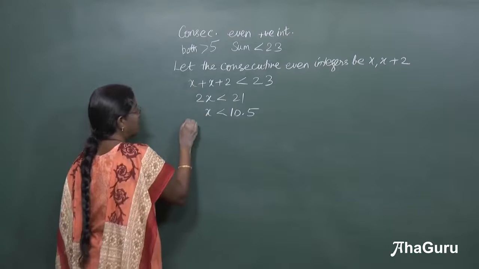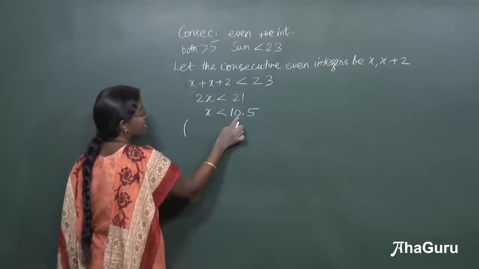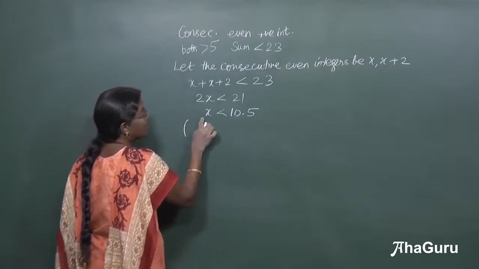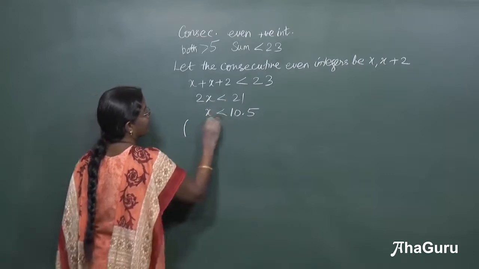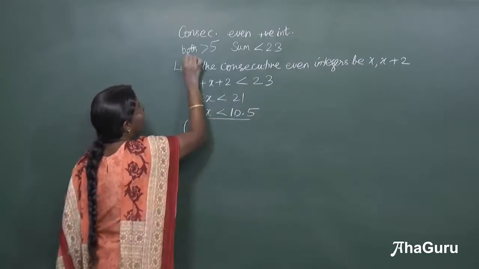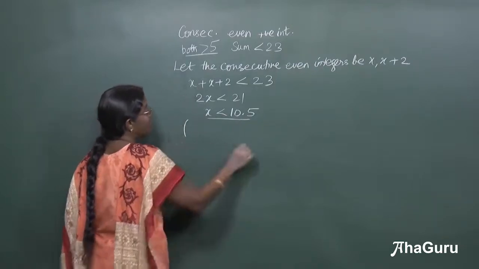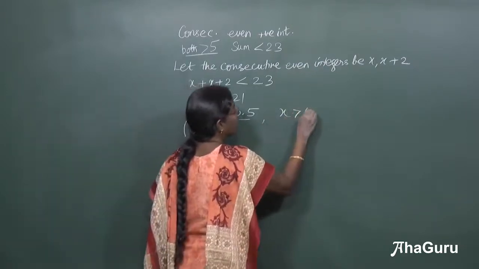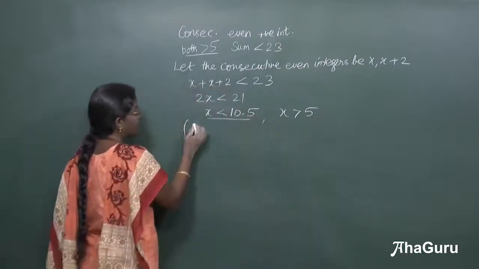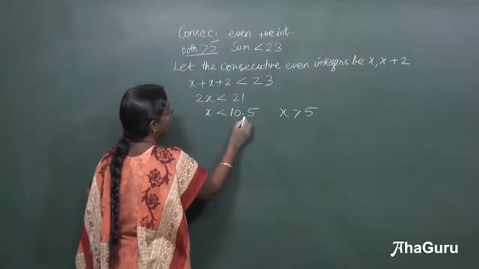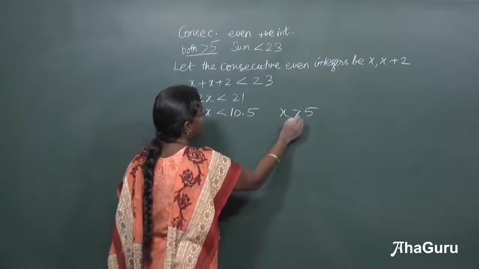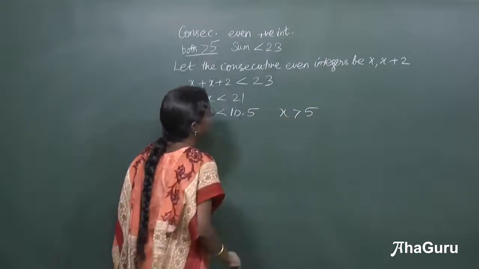So x is less than 10.5, and it should also be greater than 5, that is the other condition. We have x less than 10.5 and we are already given both values are greater than 5.